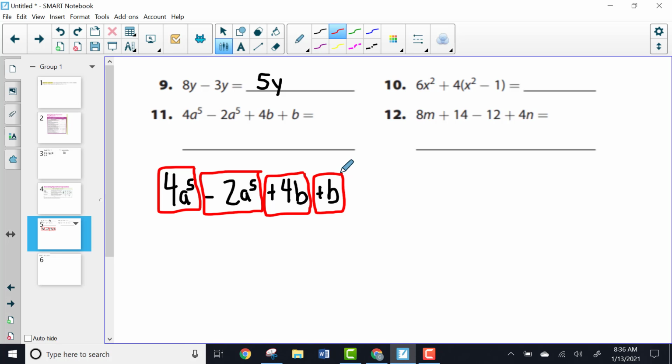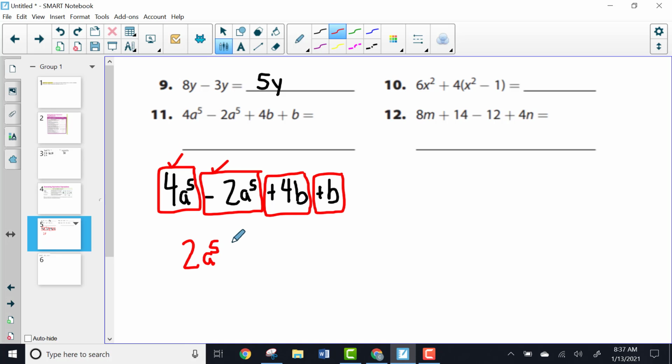Remember, like terms have the same variables and are raised to the same powers. So I have a to the power of 5, and obviously these two are like terms. I have 4a to the power 5 and negative 2a to the power 5. Combining those terms, I have 2a to the power 5.